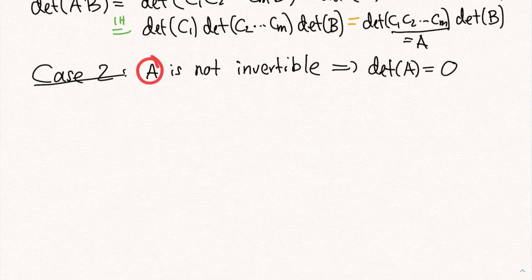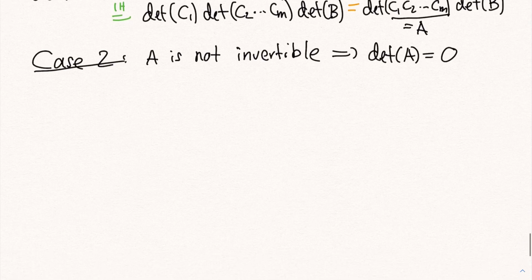Now, A is a square matrix, and the statement that A is invertible, in the case when A is a square matrix, we learned last semester, is the case when A has full rank, or in other words when the image of A is the whole Rn.